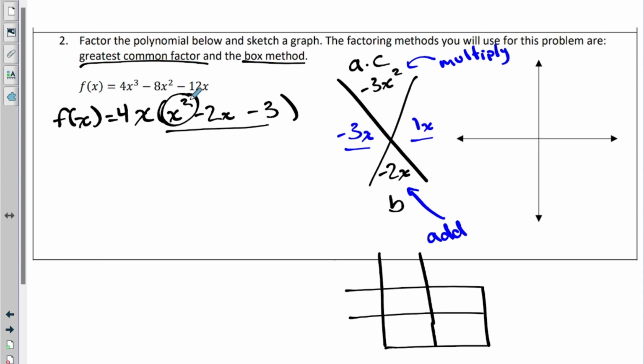Okay, so the x squared goes in the top left box. The constant, which is just the number, goes in the bottom right box, negative 3. And then this negative 2x, well, we're like, which box should we put it in? The answer is both, because we just found how to split it up.